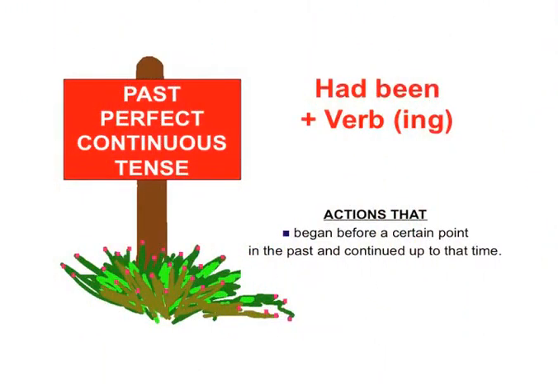Now in case of past perfect continuous, it is used for actions that began before a certain point in the past and continued up to that time. So the action has taken place in the past. Since we are doing past tense, no matter whether it is continuous, perfect or simple, always remember the action has to take place in the past.